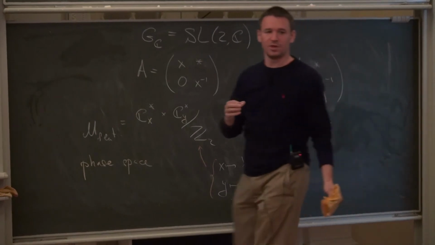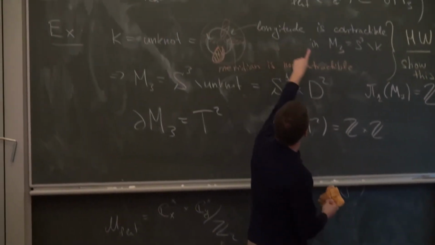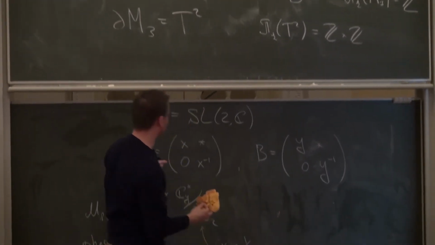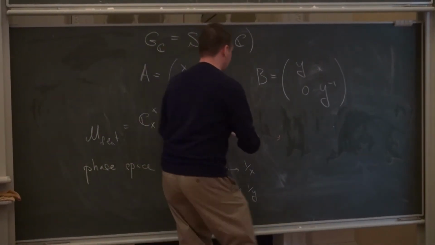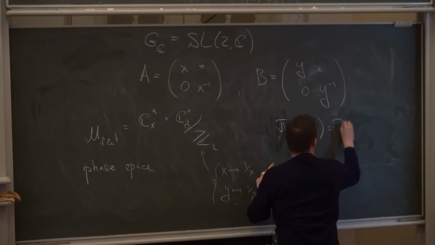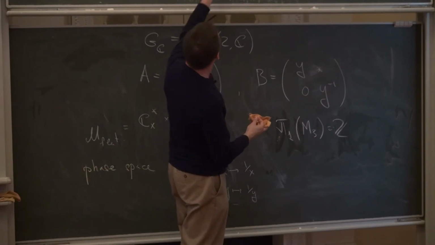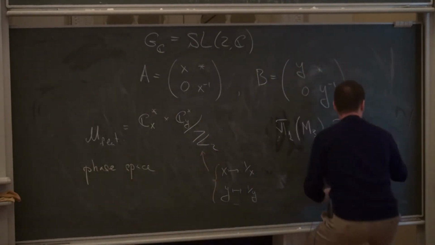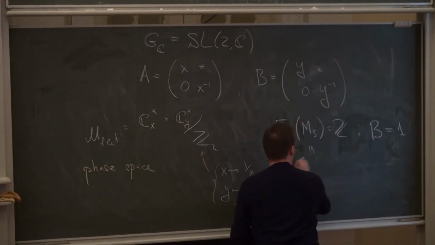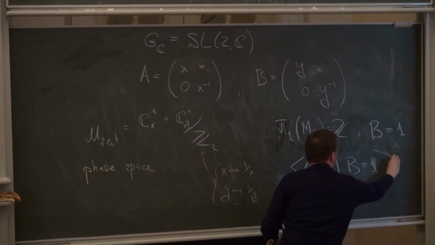So in fact, there is one relation which corresponds to the fact that now the longitude is contractible here. If the longitude, for example, corresponds to holonomy around, say, the B cycle, then at the level of the fundamental group for M3, which is Z, you have no restriction on the meridian, but you have a restriction that the longitude should be trivial. So it's a group generated as before by A and B, but now we impose a relation that B is trivial.